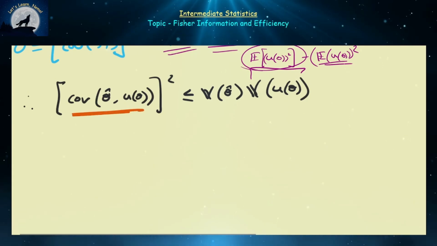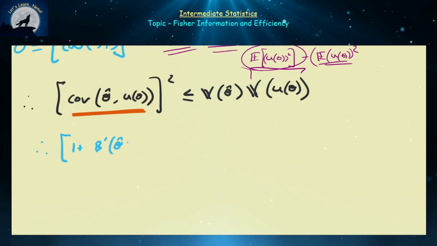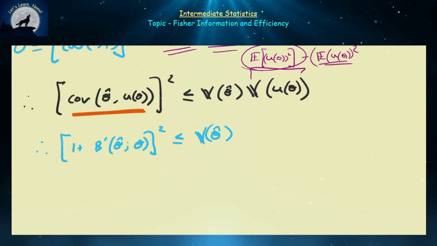Also, we have a representation for the covariance in terms of the bias of the estimate theta hat for theta. So what we have here is that 1 plus the derivative of the bias function of theta hat for theta, squared, will be less than or equal to the variance of the estimate we're using times the Fisher information I_n theta.